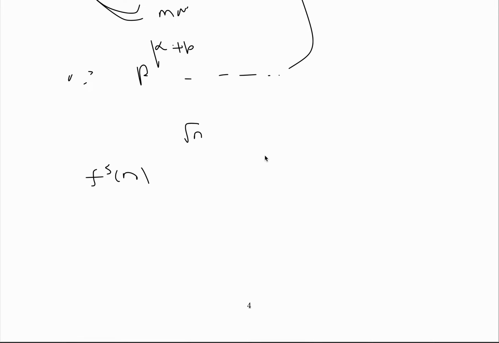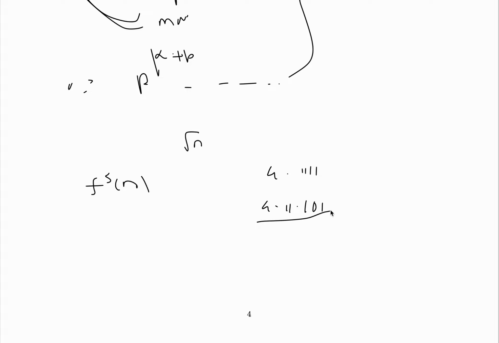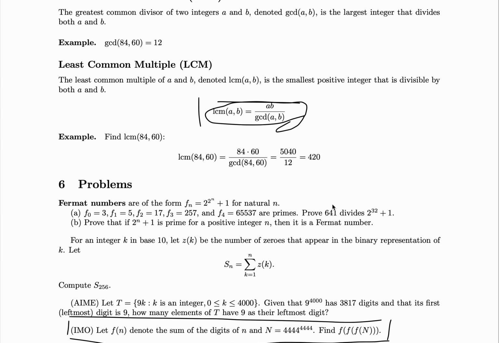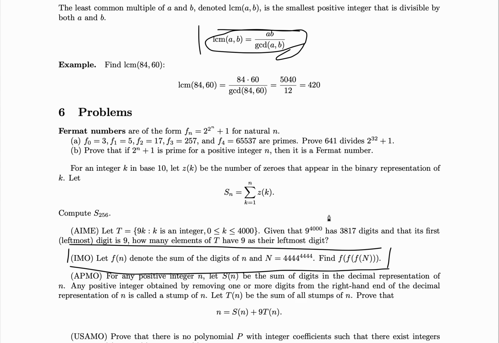So if we divide here, we can find that this is actually equal to 4 times 1111, or 4 times 11 times 101. Here the idea is really beautiful, since what you essentially do here is that you find some value here.